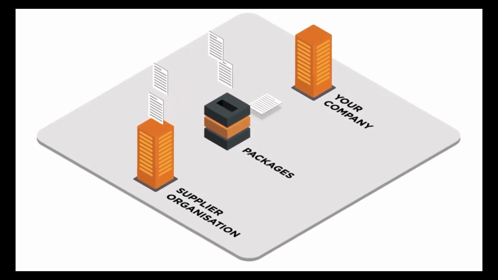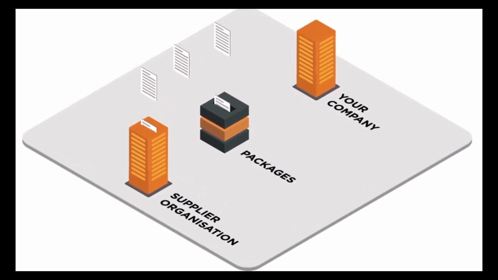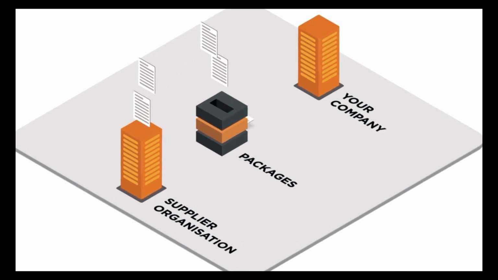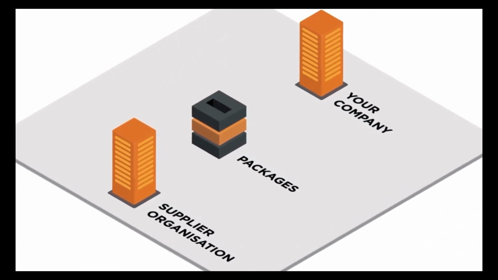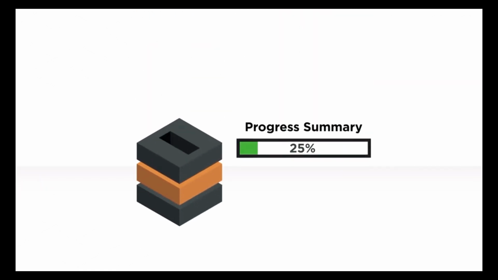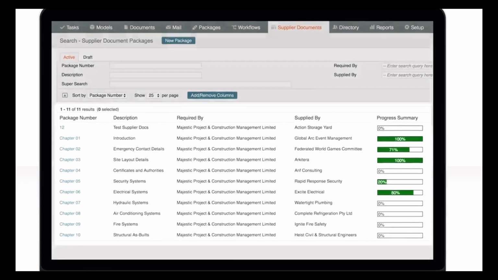So we will now start the supplier module. See the supplier organization, package, your company, how it works. So with the supplier organization, let's make a package and see the progress. So now let's start.